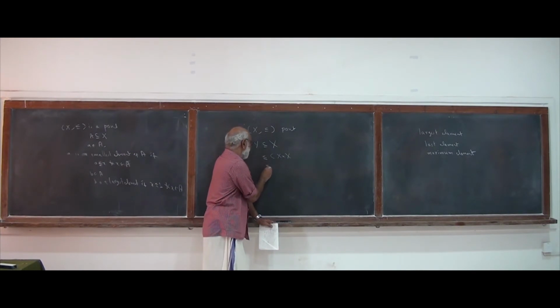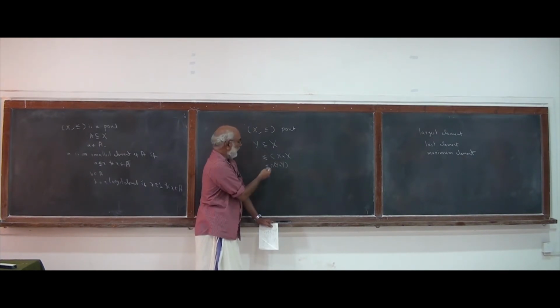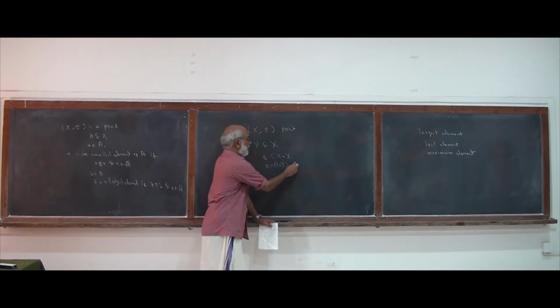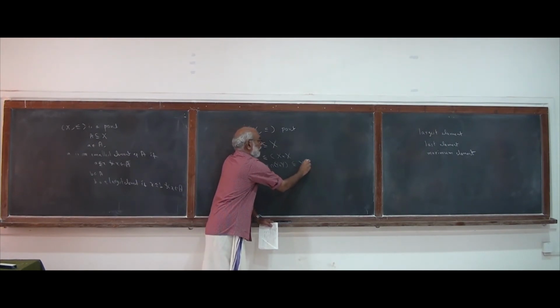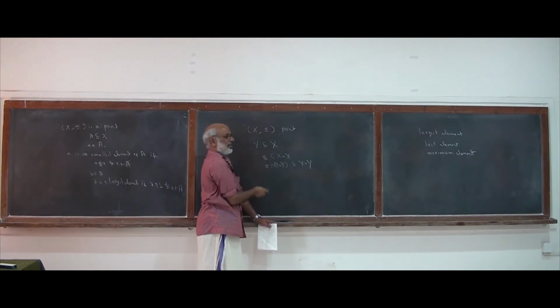Now, you can take the intersection of this with Y cross Y. Taking the intersection means you are taking those ordered pairs of less than or equal to for which both coordinates are in Y. This will be a subset of Y cross Y. Suppose I denote this relation as less than or equal to dash.